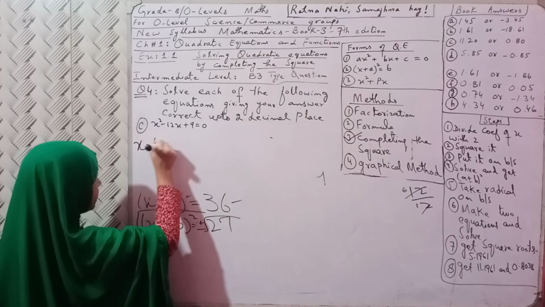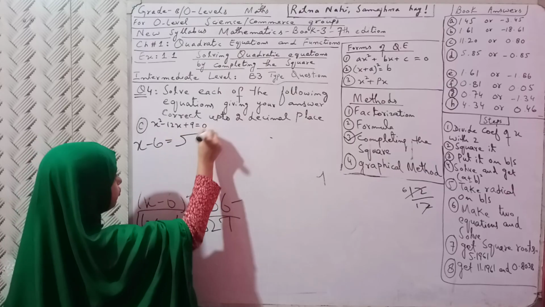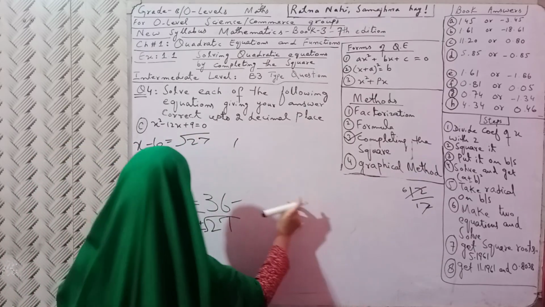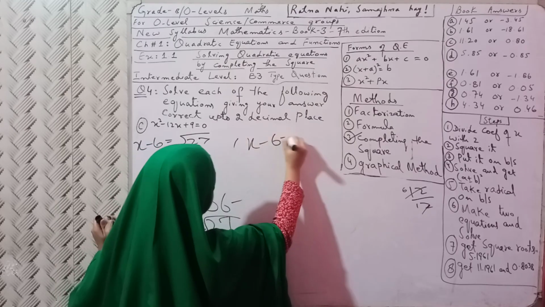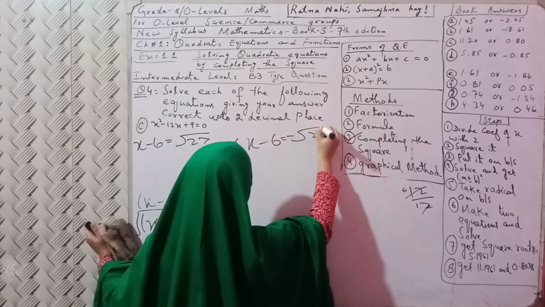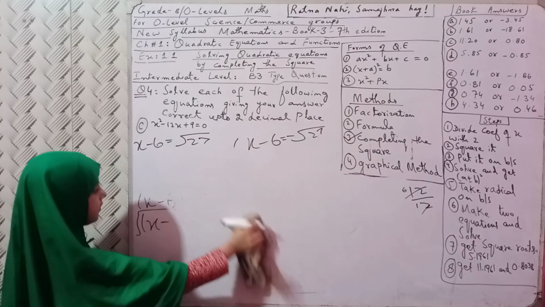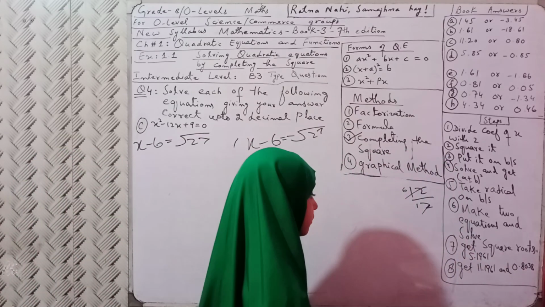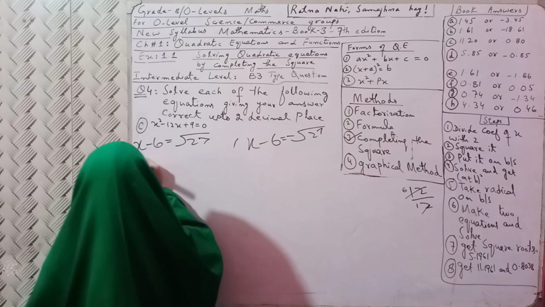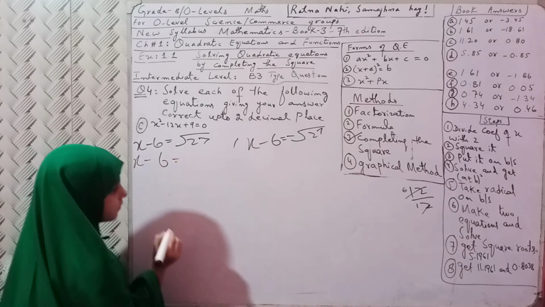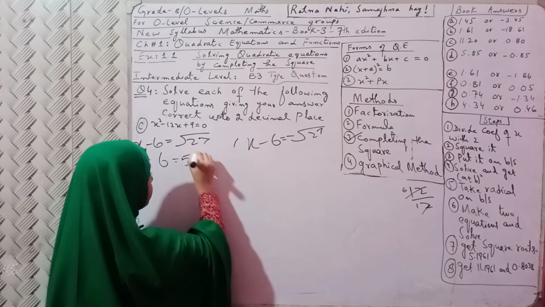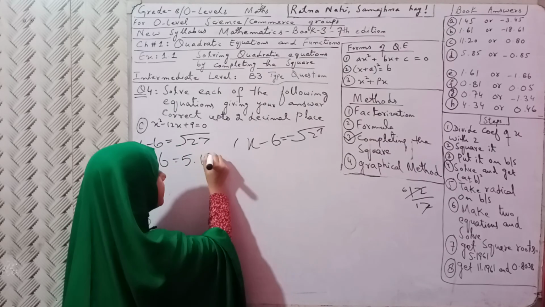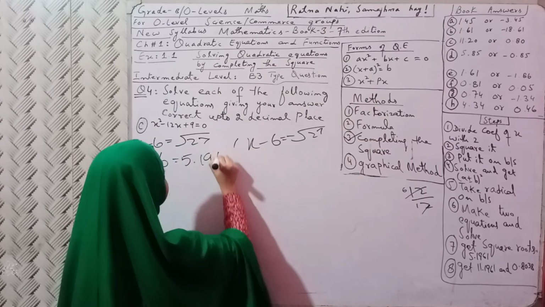So x minus 6 is equal to radical 27, x minus 6 is equal to minus radical 27. Now we will remove this. So here will get square root of 27, 5.1961.